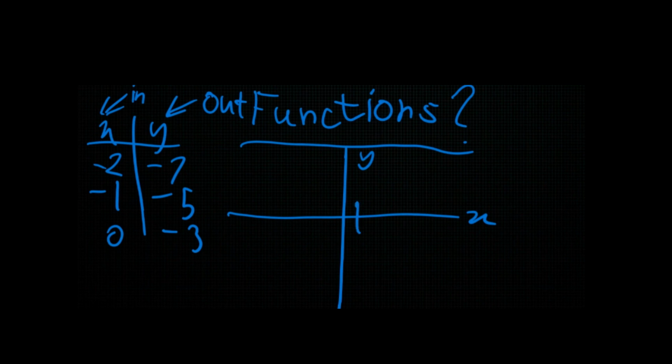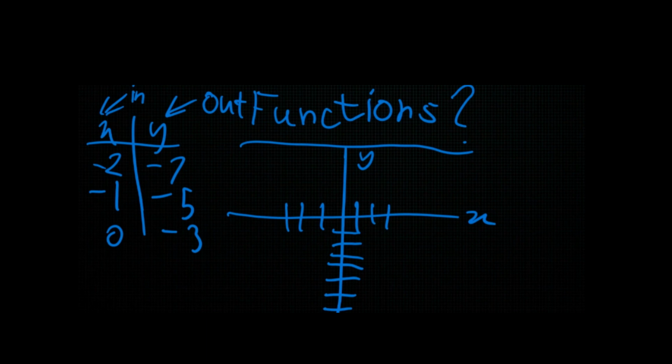Now we can scale them and plot them. We need negative x, this is 0, negative 1, negative 2. So here it is, our graph. It is definitely not to scale, but we can still plot it.